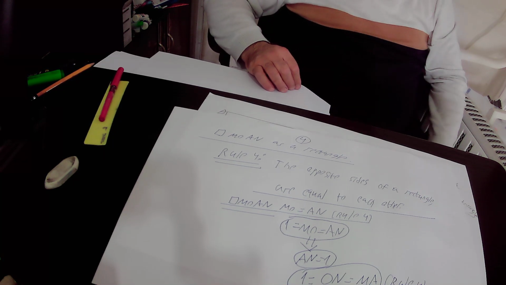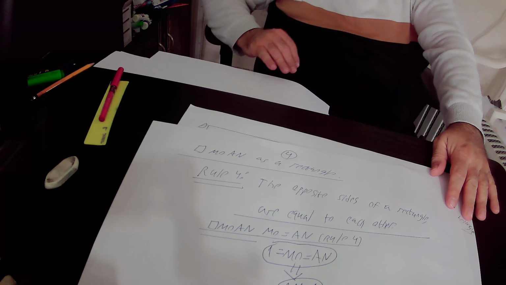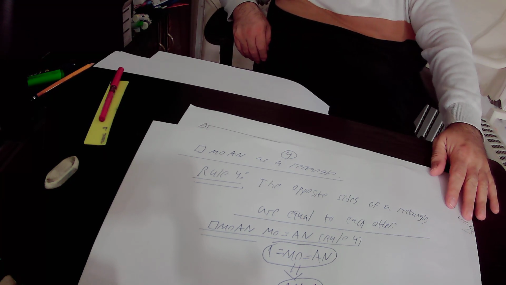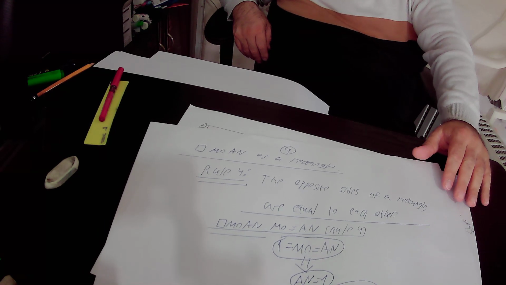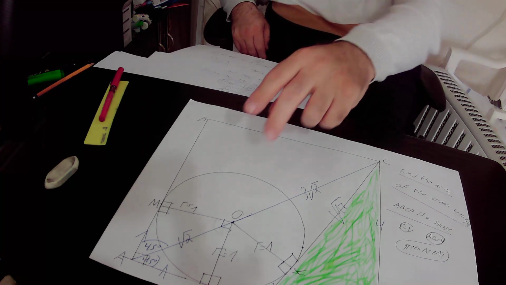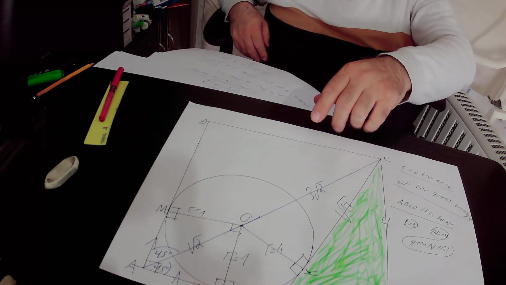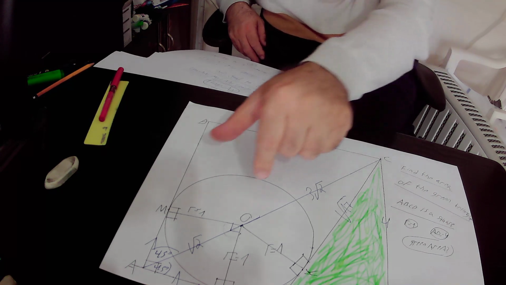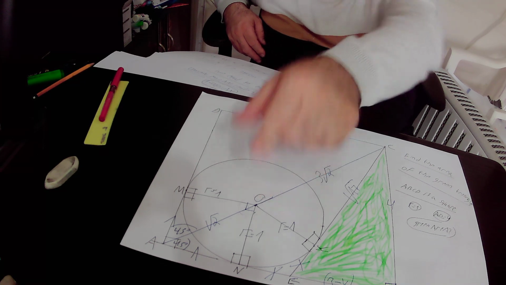And we also have rule number 4. According to rule number 4, the opposite sides of a rectangle are equal to each other. And if we focus on the rectangle MOAN, according to rule number 4, OM equals AN.